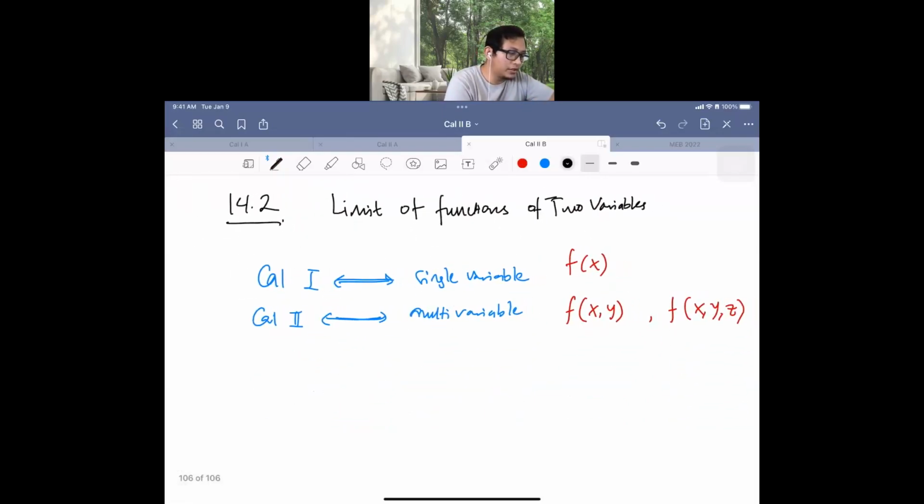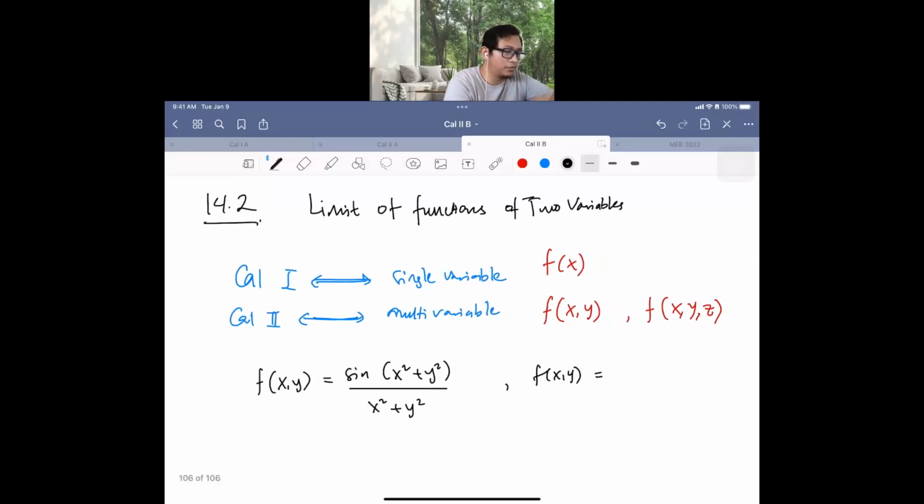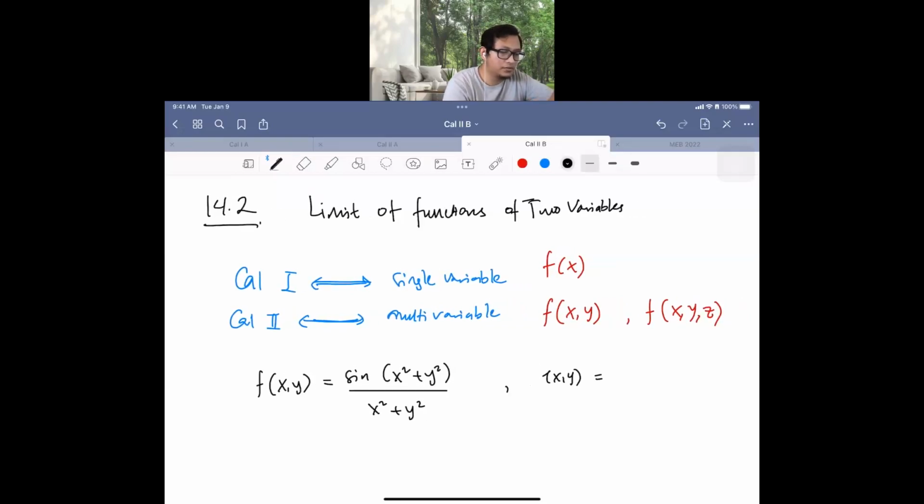So if we are going to have functions of two variables, let's say we have sine of x squared plus y squared, square root of y squared, and then another function, a different function, g.